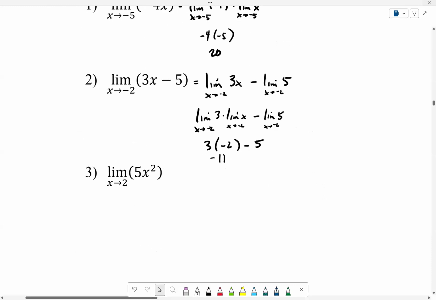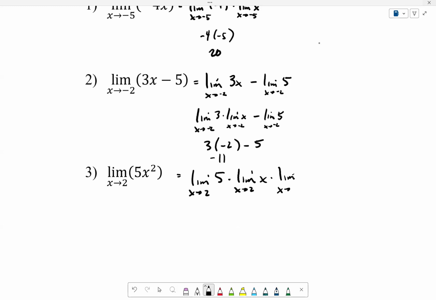And lastly, I'm going to break this up into the limit as x approaches 2 of 5 times the limit as x approaches 2 of x squared. Now, I don't have anything for x squared. That's why I'm going to break up that x squared into x and another x. Each of which we know how to evaluate, I hope. 5 times 2 times 2. Should I distribute that 5?